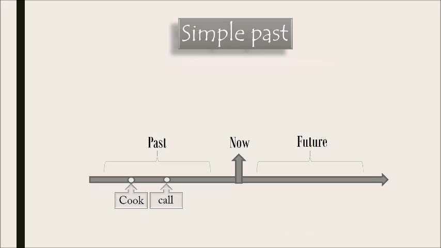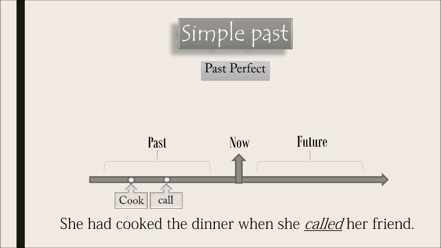But if I want to tell you which one happened first and which one happened next, I will use past perfect with simple past. So, if I say that first she cooked and next she called a friend, I will say she had cooked the dinner when she called her friend, which means the first action is in past perfect and the second action is in the simple past.